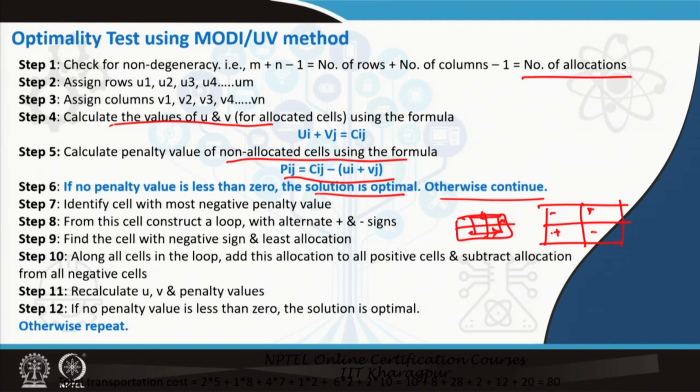We take that value and subtract it from the negative cells and add it to the positive cells. So along all cells in the loop, add this allocation to all positive cells and subtract it from all negative cells. Then we recalculate the u, v and penalty values. If no penalty value is less than 0, the solution is optimal, otherwise we repeat this entire process.